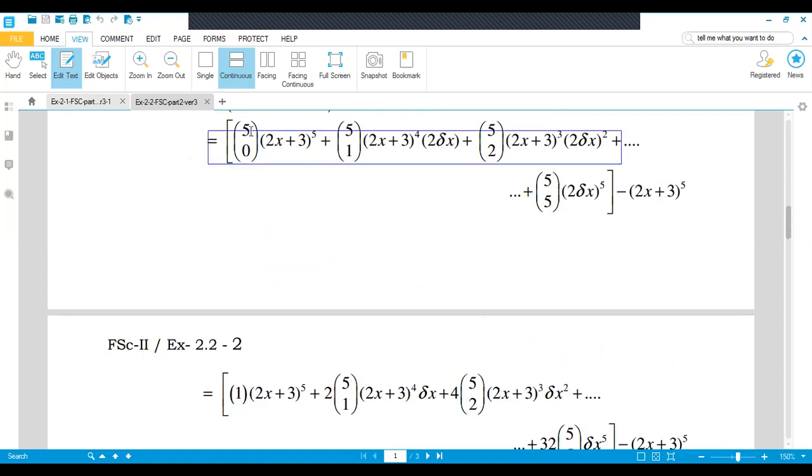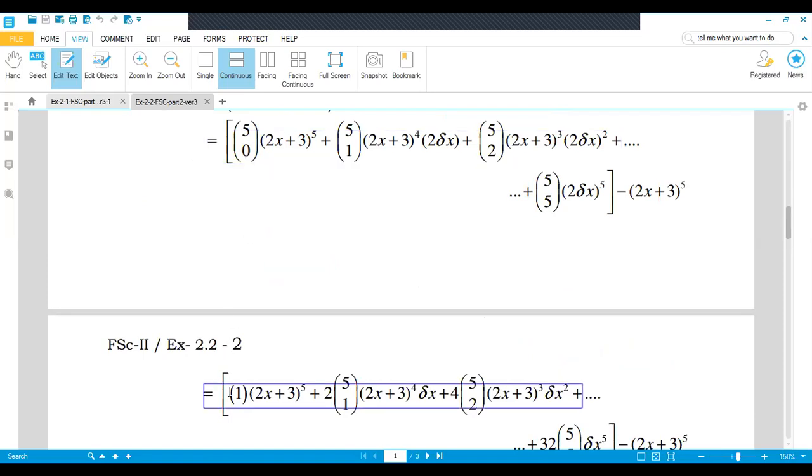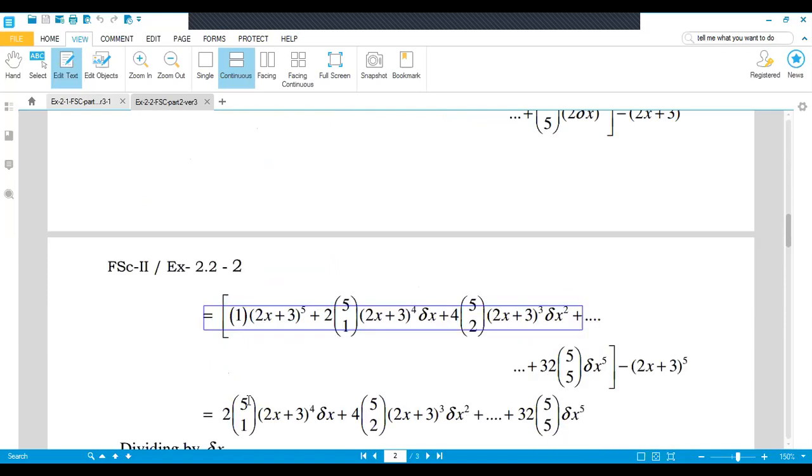Now 5 combination 0, when you solve it with the help of a calculator, you get 1. So it will be (2x plus 3) power 5 this one, and (2x plus 3) power minus 5 this one. These two values cancel each other, and you will get 2, 5 combination 1, (2x plus 3) power 4, delta x, plus 4, 5 combination 2, all having delta x.